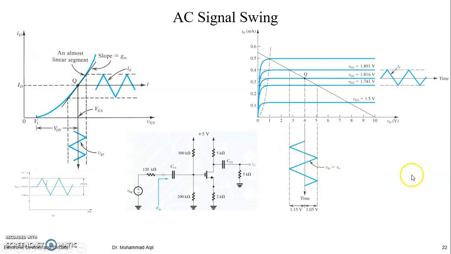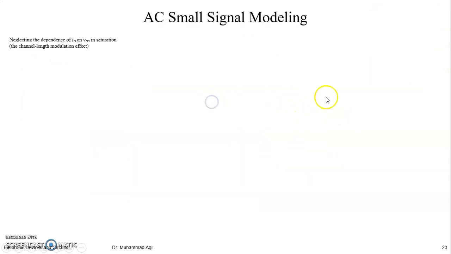This is the same thing we had been teaching for BJT, especially for the common emitter amplifier. But I explained it again so that you have a revision of that, and now you have a comparison with this one. Okay. So AC small signal modeling can be done for a small signal.